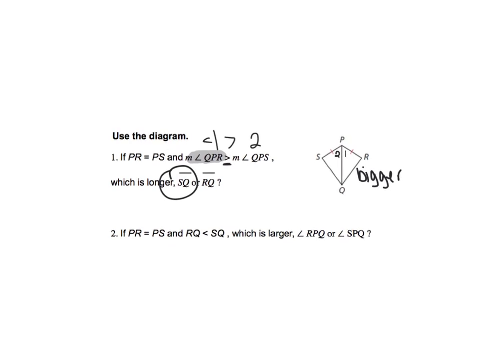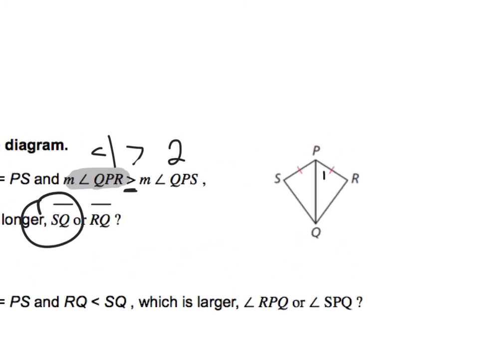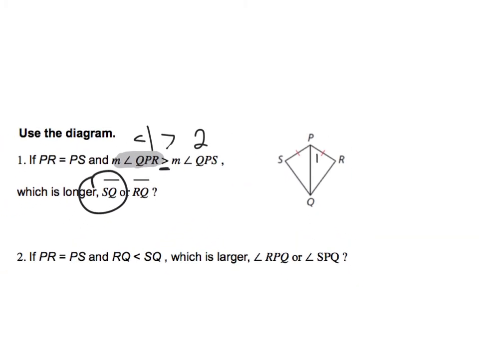And then another example here. Same thing, PR and PS are equal. Which is larger, RPQ, so we'll call that angle 1, or SPQ, we'll call that angle 2.